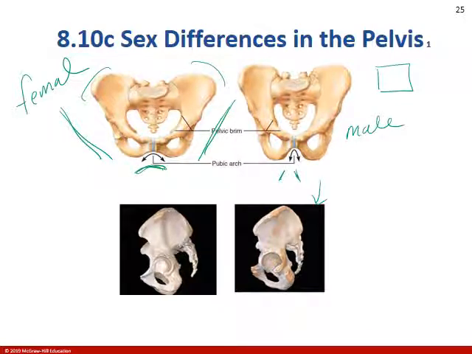Again, here's the male coccyx versus the female coccyx. So would it evolutionarily make sense to move the coccyx bone farther away from the pelvic outlet? That would kind of make sense, right? Especially if we have a child being birthed from the pelvic area.